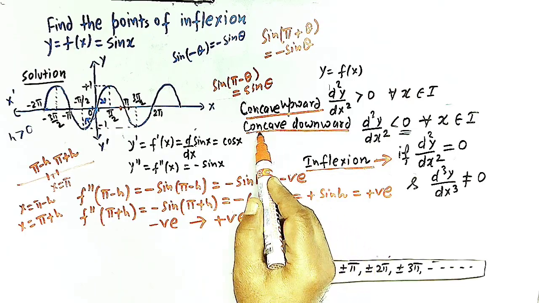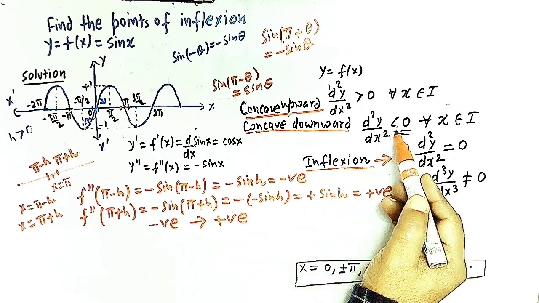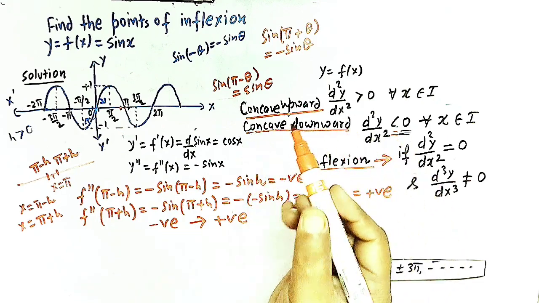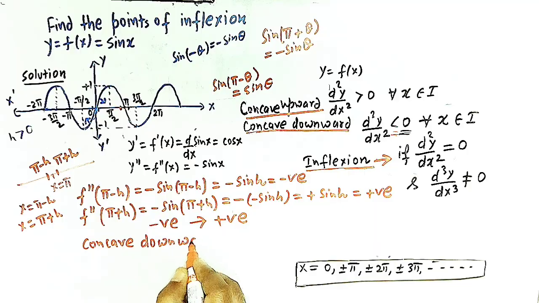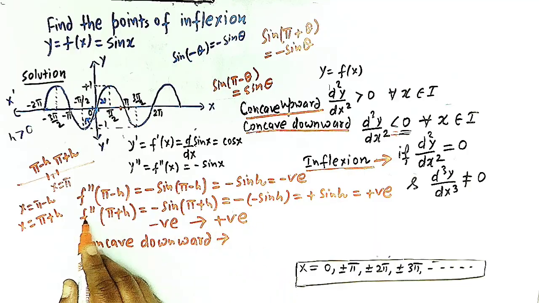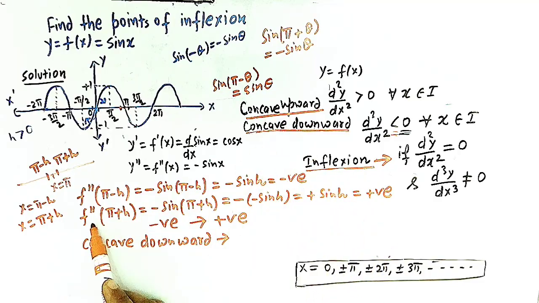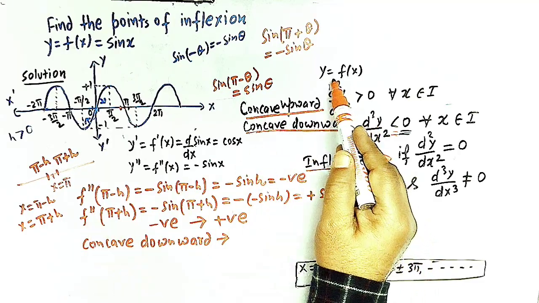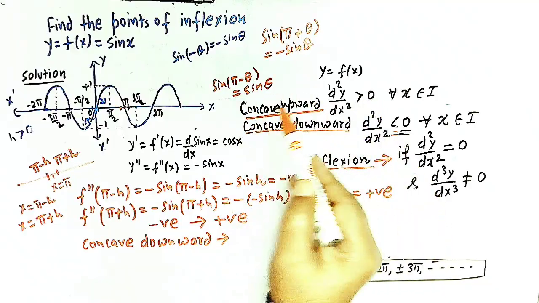And when the second derivative is negative, then we have the curve as concave downward. So here we have concave downward, and here the sign of the second derivative is positive, and for the second derivative to be greater than 0, we have concave upward.